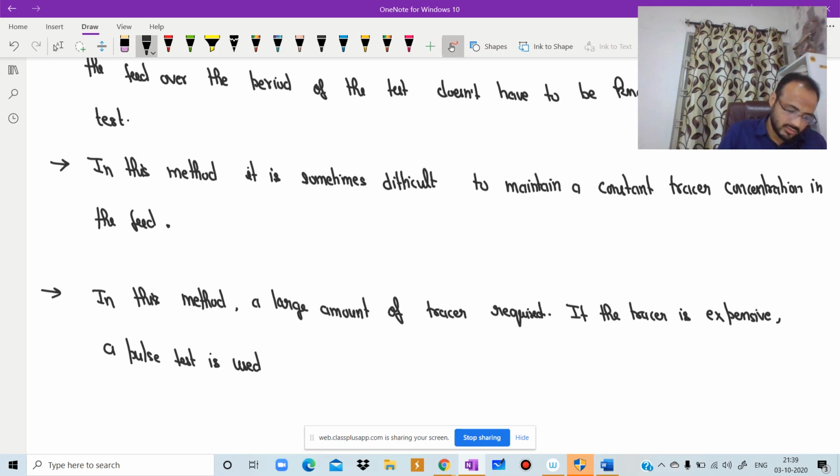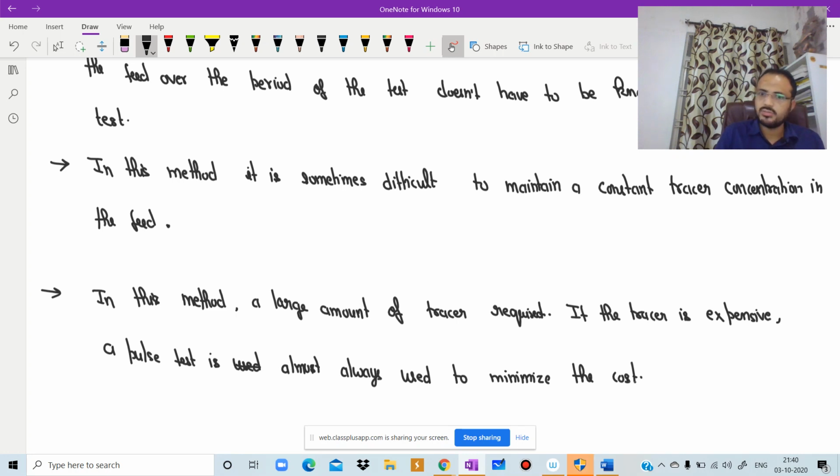Pulse test is almost always used to minimize the cost. Is it clear?